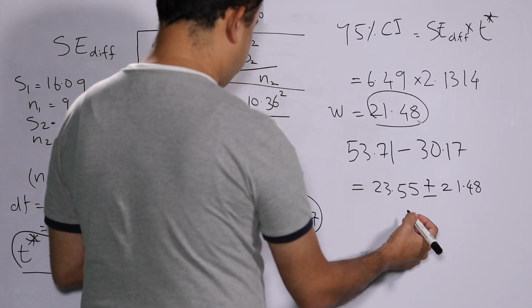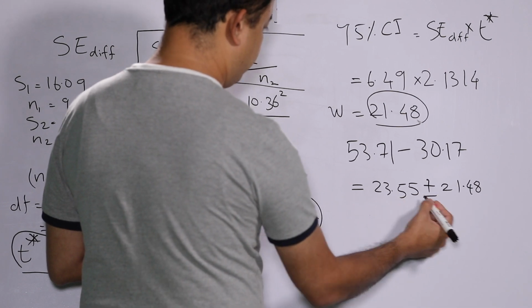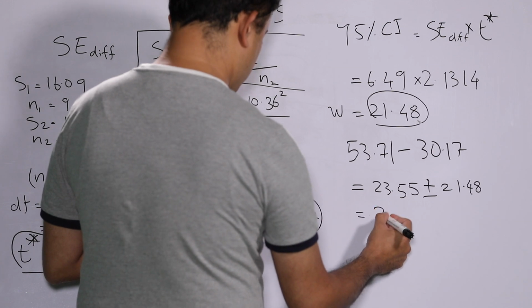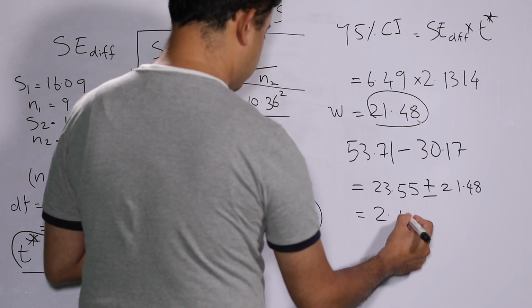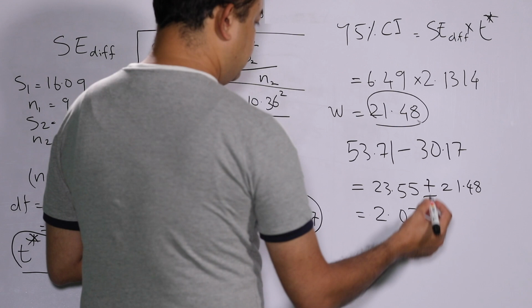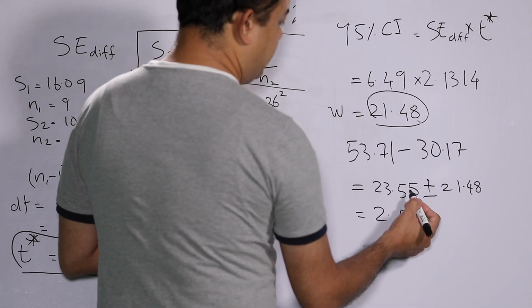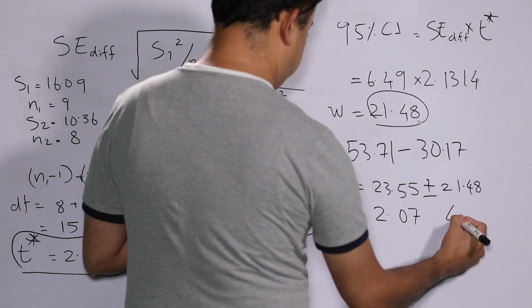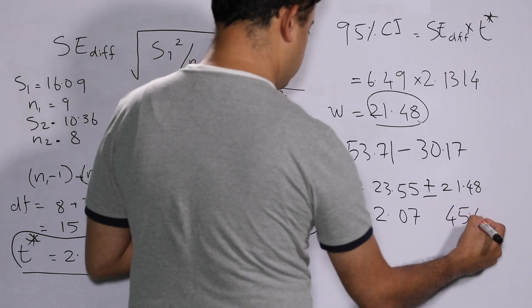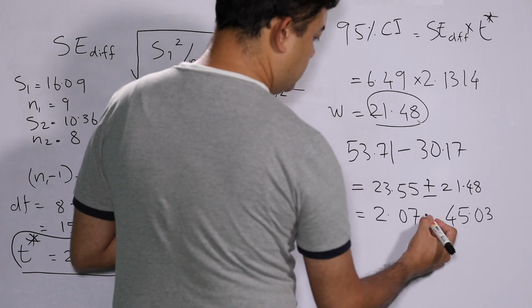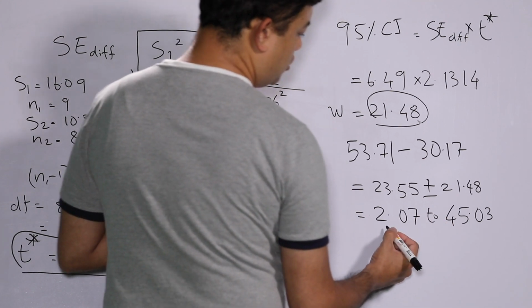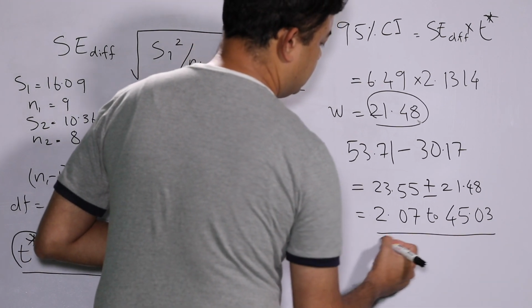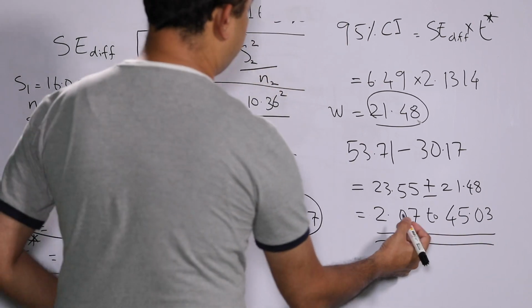This 23.55 minus 21.48 is equal to 2.07, then plus, 23.55 plus 21.48 is equal to 45.03. So 2.07 to 45.03, this is the 95% confidence interval.